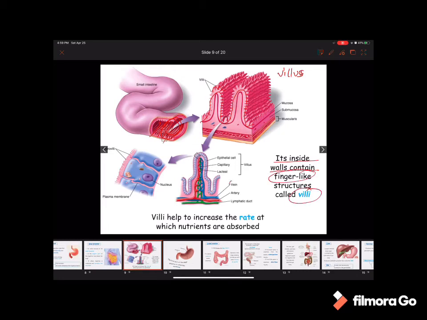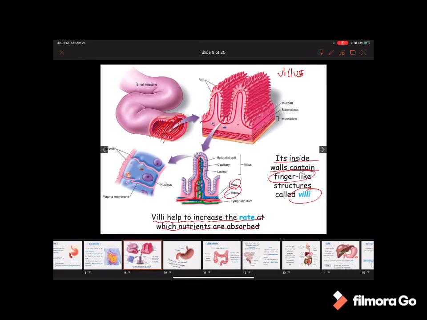Look how around them we have veins, arteries, lots of blood vessels. The villi help to increase the rate at which nutrients are absorbed. So the more villi are working, the faster the absorption is happening, because we know the larger the exchange surface is, the better and the faster the exchange and the absorption happen.